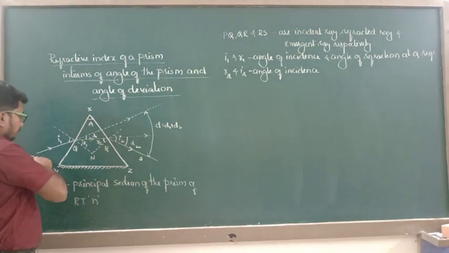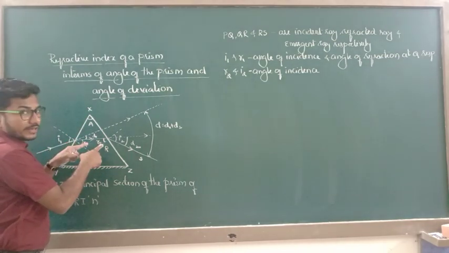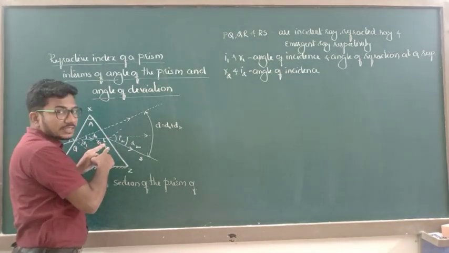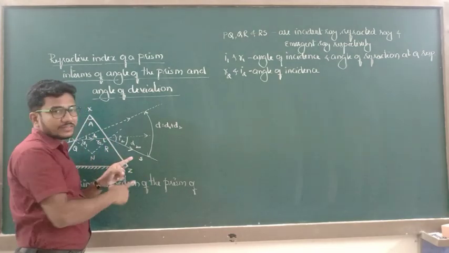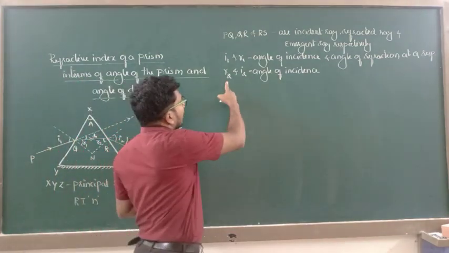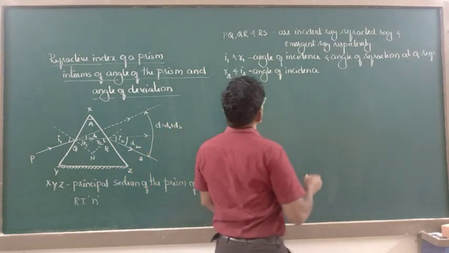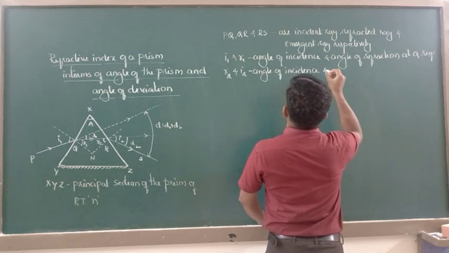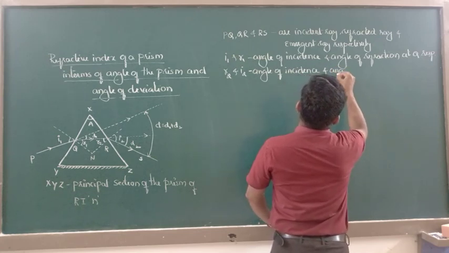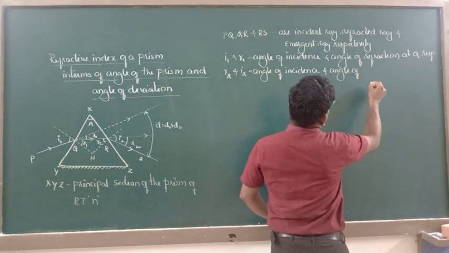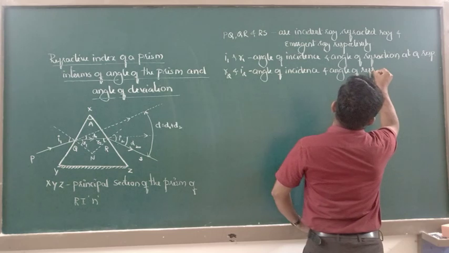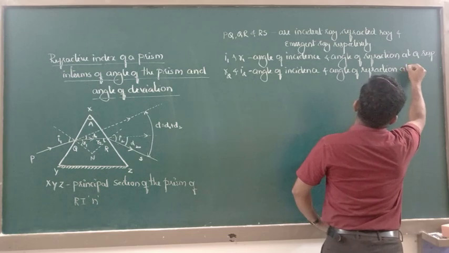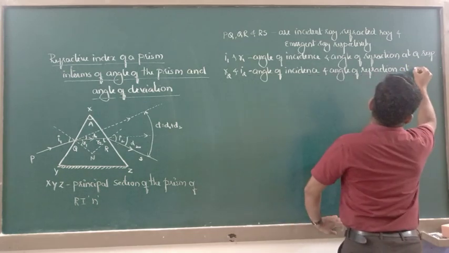For this interface, PQ is the incident light ray, QR is the refracted light ray. For this interface, QR is the incident ray, RS is the refracted light ray. Therefore, R2 is the angle of incidence and I2 is the angle of refraction at R respectively.